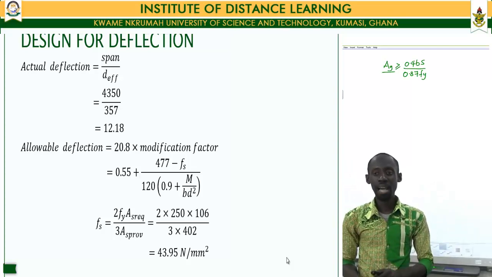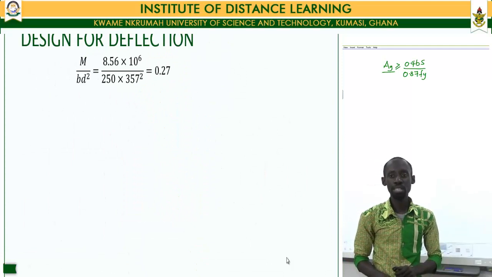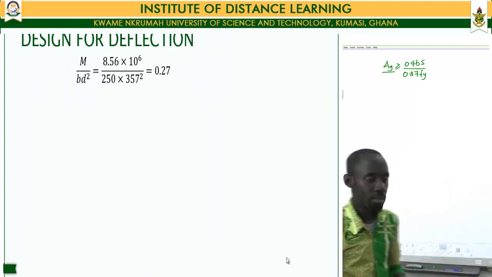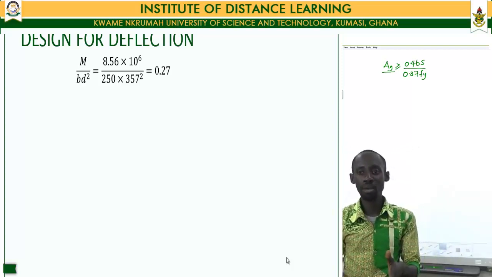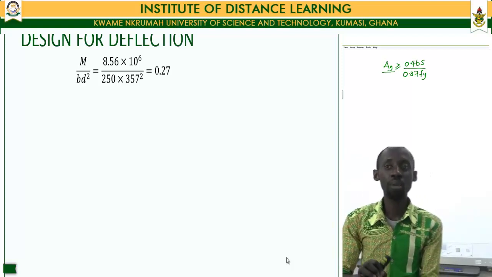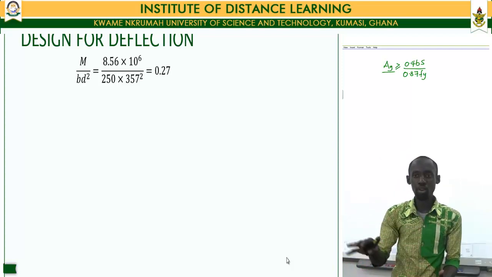Now, having found our fs value, we now move ahead to determine our M over bd squared value. In determining our M over bd squared value, we go to the section where we are checking for our deflection, and we pick the moment value at that point. Usually our deflections are checked at the mid span of our beam.